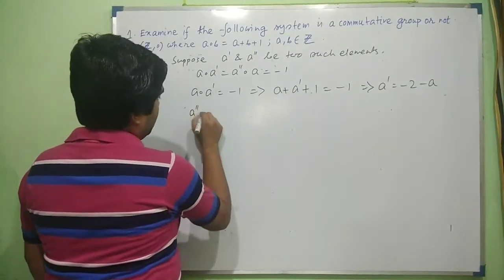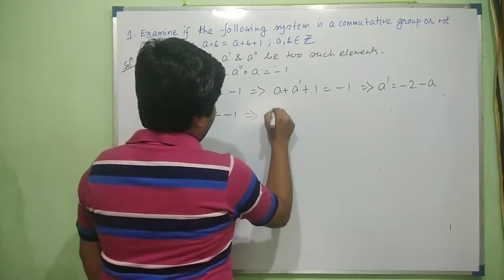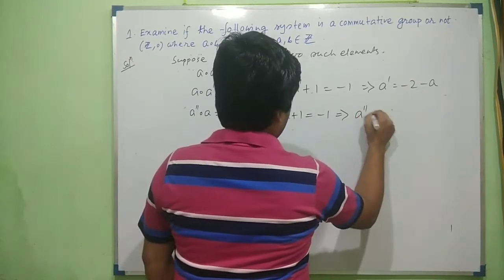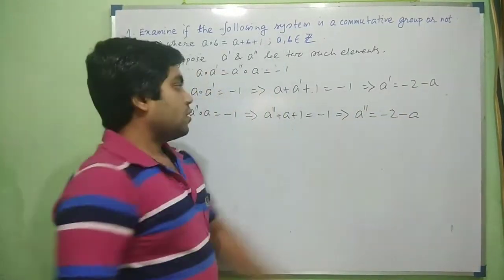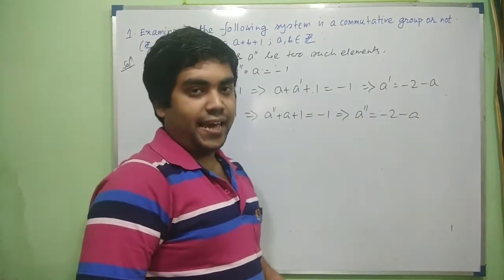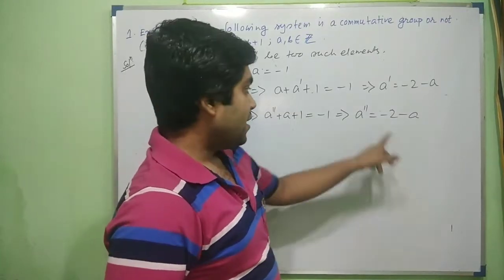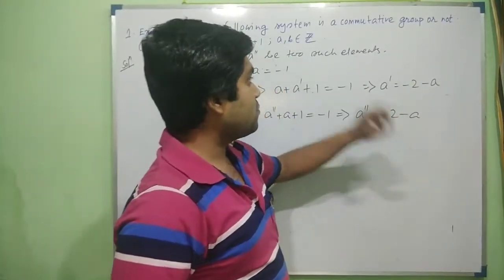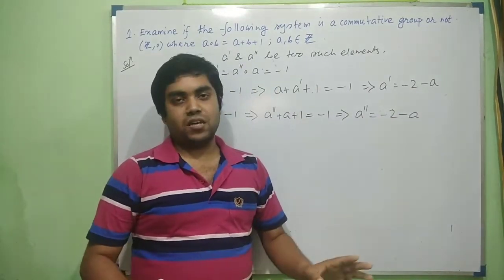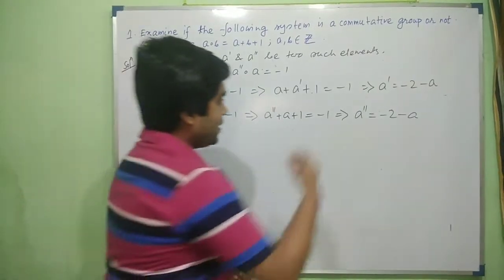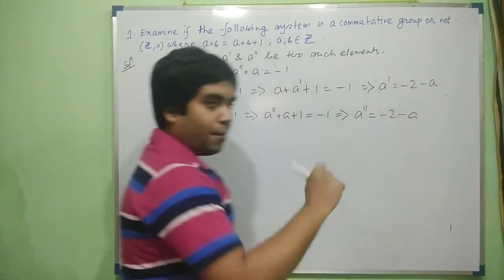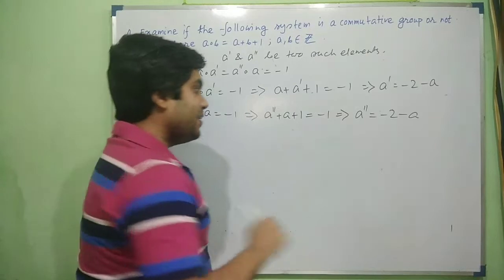Again A double dash naught A equal to -1 gives us the same, therefore the right inverse and left inverse is -2 minus A, and we have to ensure that this element, that is -2 minus A, must belong to Z. If it does not belong to Z, then it will not be the inverse element of A. So -2 is an integer, again A is an integer, so -2 minus A obviously is an integer.